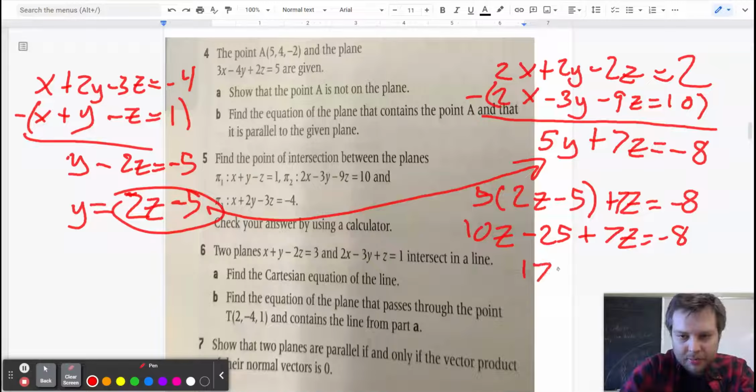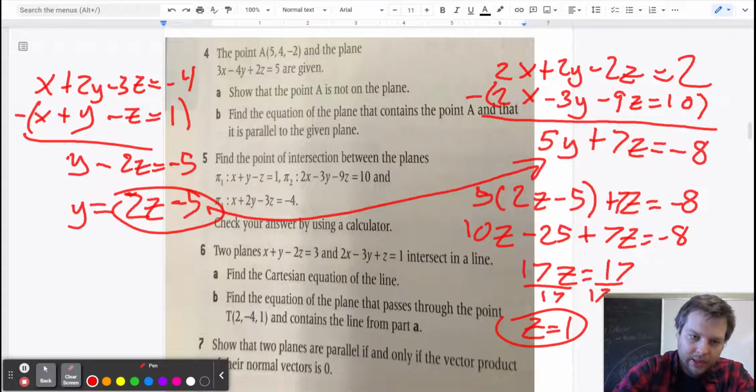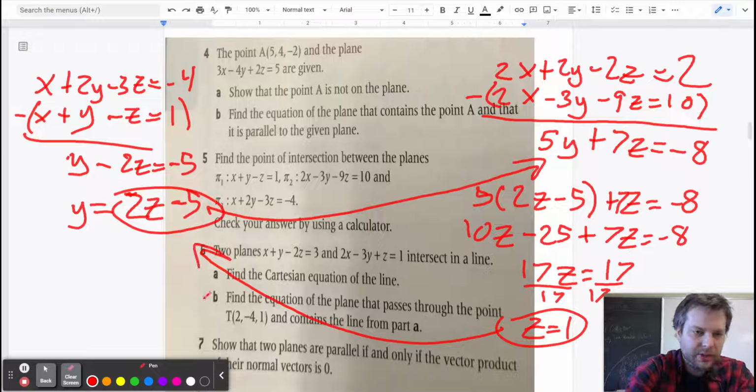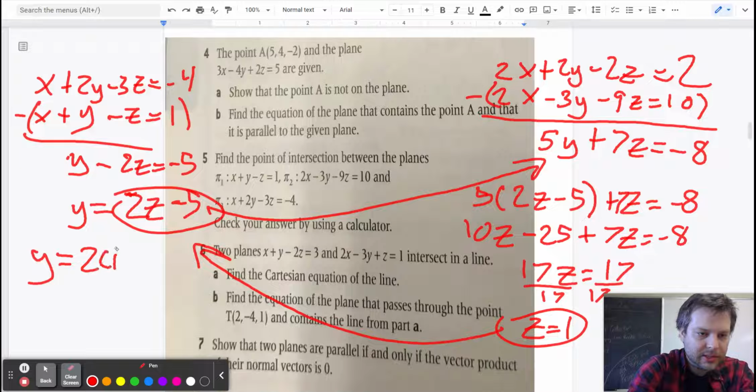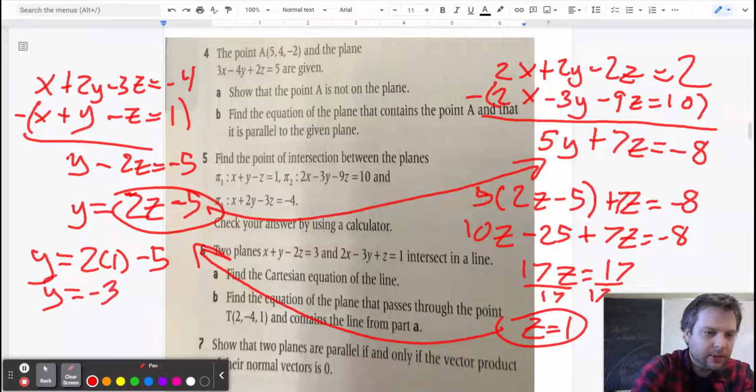Combine my like terms, so I have 17z. Add 25, so I have 17. It's so nice when the numbers work out and you get z equals 1. Hooray! Take your z equals 1, go back over to your substitution. y equals 2 times z minus 5, which results in y equals negative 3.